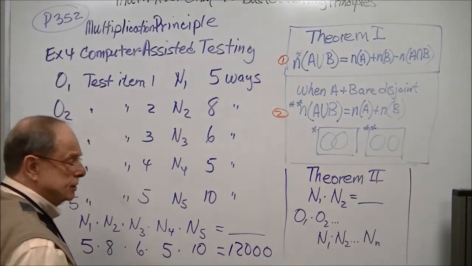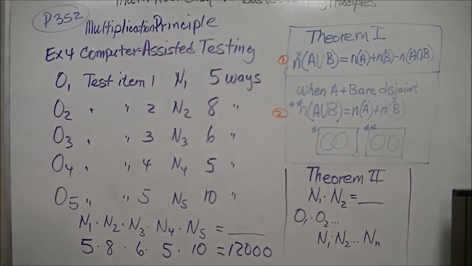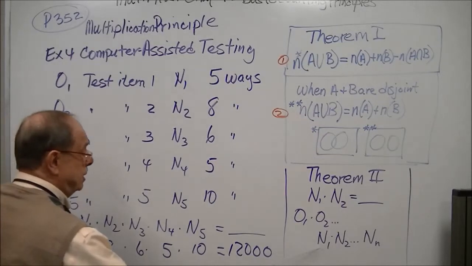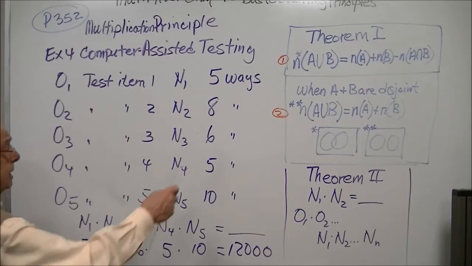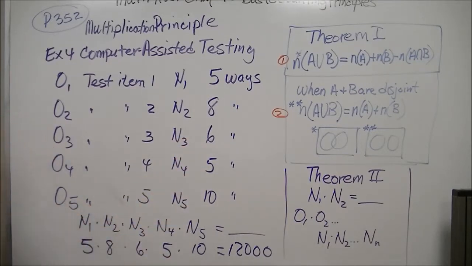How many choices? And this is going to sort of astound you, I think, because the formula we're going to use is right here, where we multiply n sub 1 times n sub 2, 3, 4, and 5. These are the number in each of the ways.